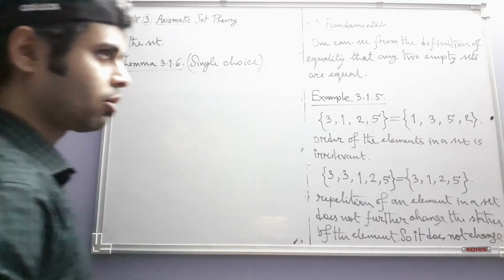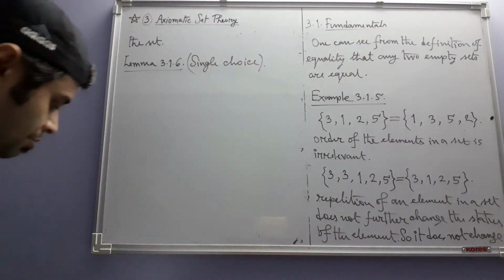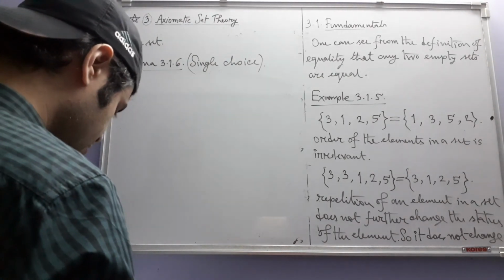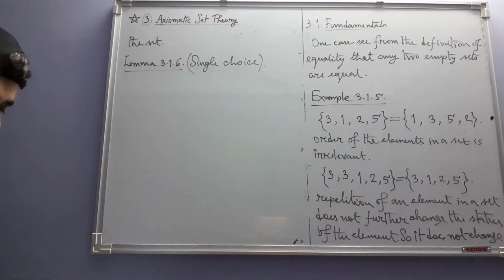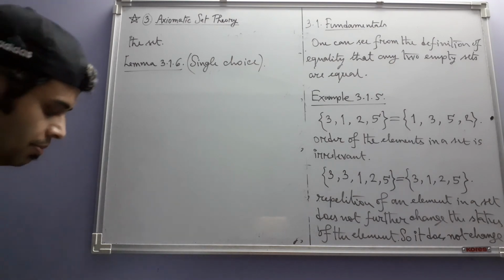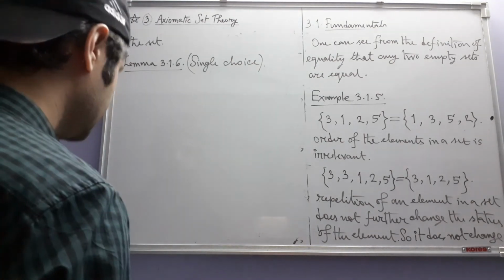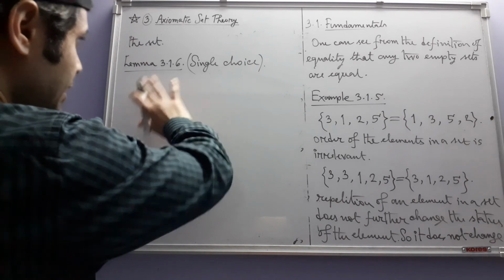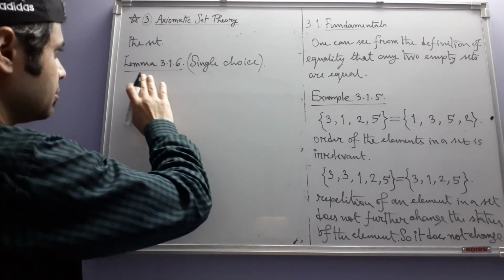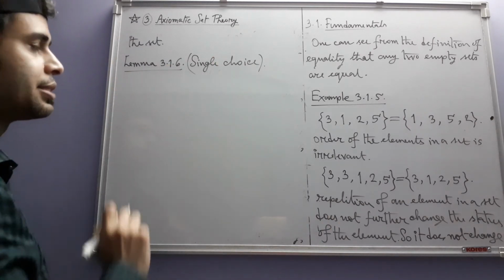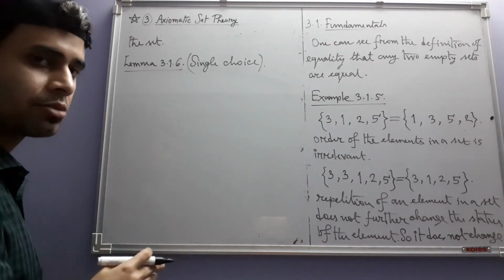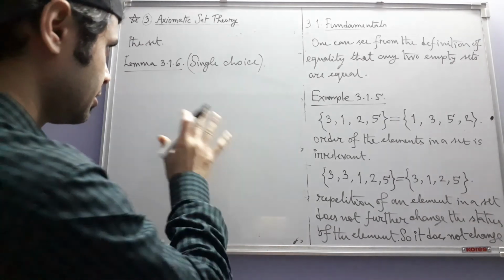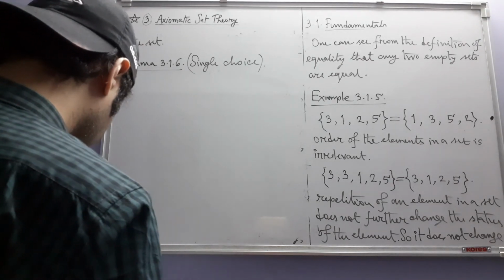It may sound obvious and stupid, but as I have said, it will become important when the sets become large. This involves only one set. We can have any finite number of sets or infinite number of sets. We'll understand that. Let me first write the statement.